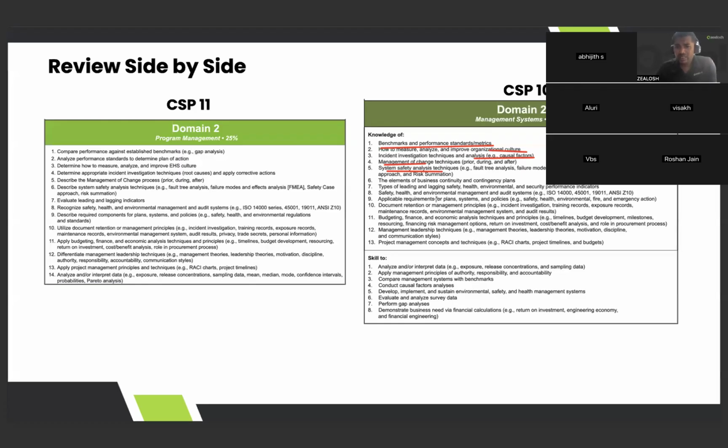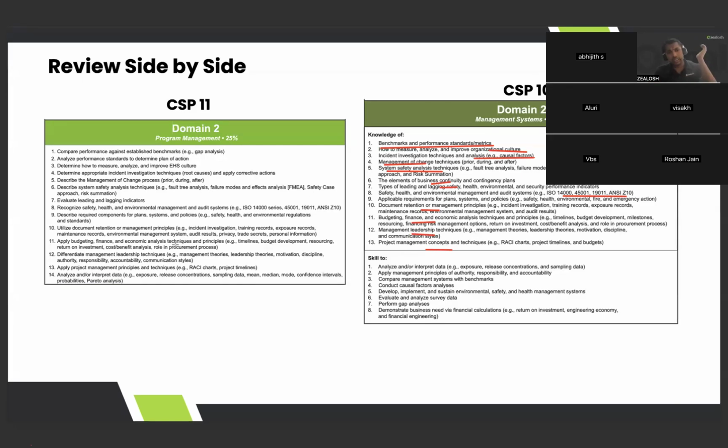Business continuity, then indicators as we discussed. ISO standards like 14000, 45000, ANSI Z10, safety management system standard, and ISO 19011 related questions. Budgeting, documentation, management leadership techniques, different project management plans like PMP related, MS Project, or RACI chart related questions. So these all were there in domain 2.